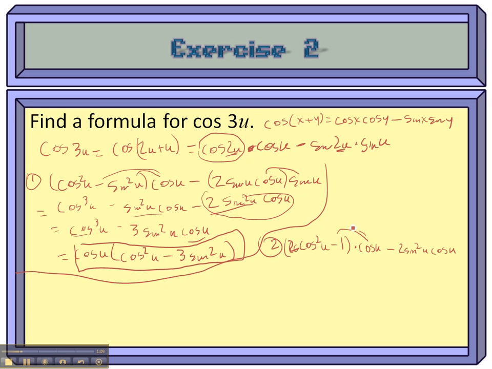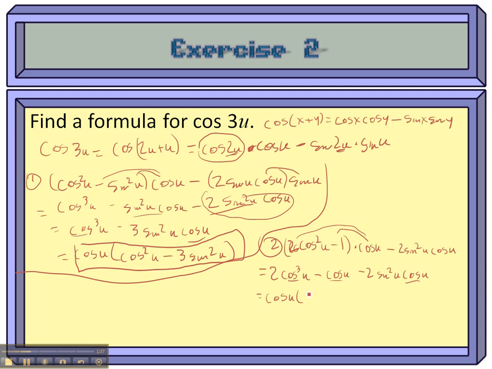Distribute this on the left side, so this will be equal to 2 cosine cubed u minus cosine u minus 2 sine squared u cosine u. Everything here has a factor of cosine, so factor it out. When I factor it out, I'll have cosine u on the outside.